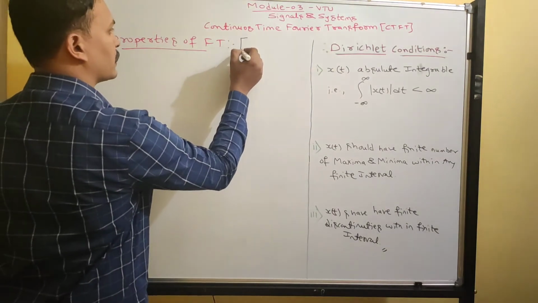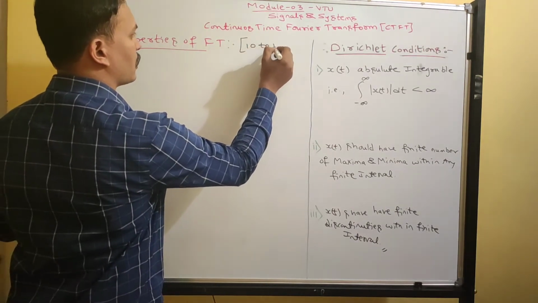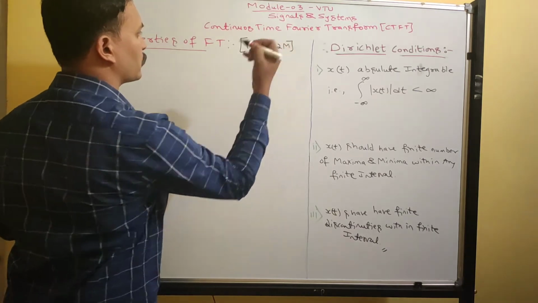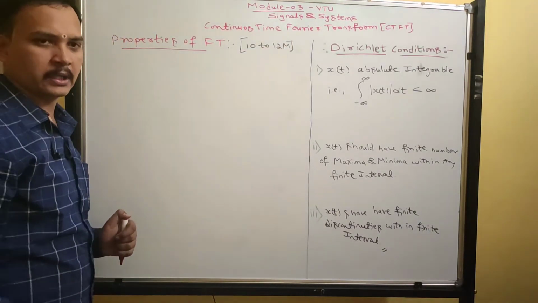Compulsory, you can expect 10 to 12 marks on properties of Fourier transform.